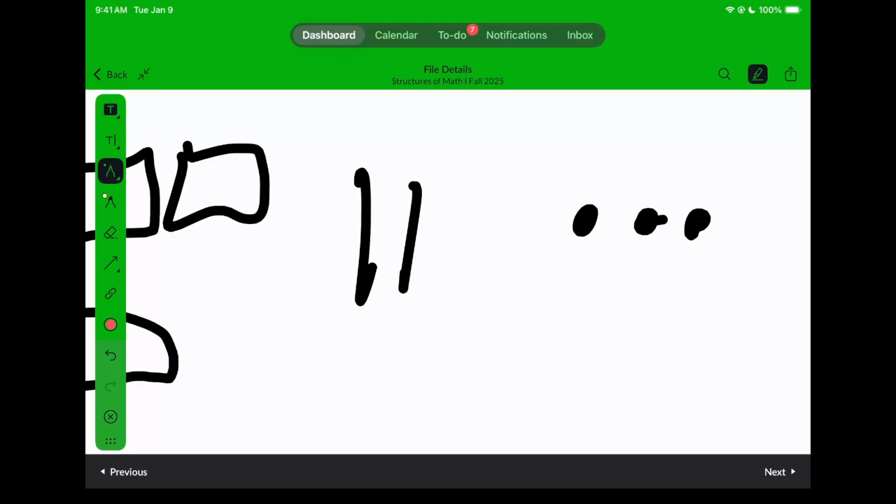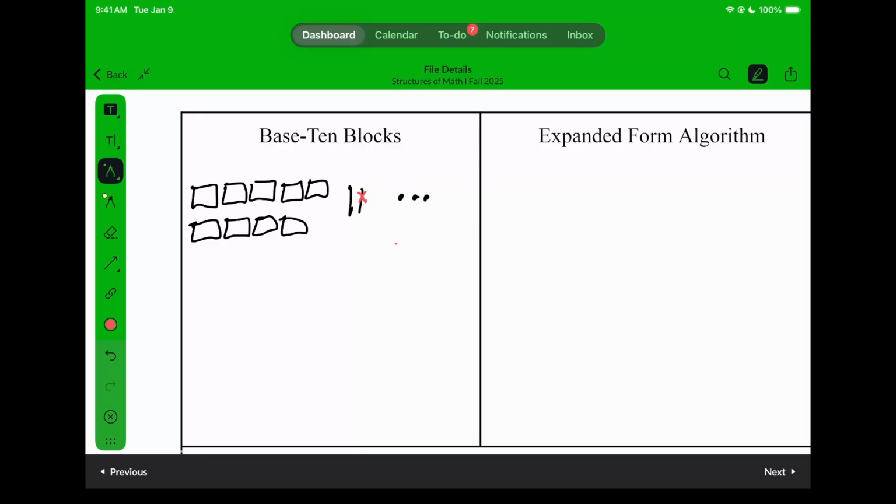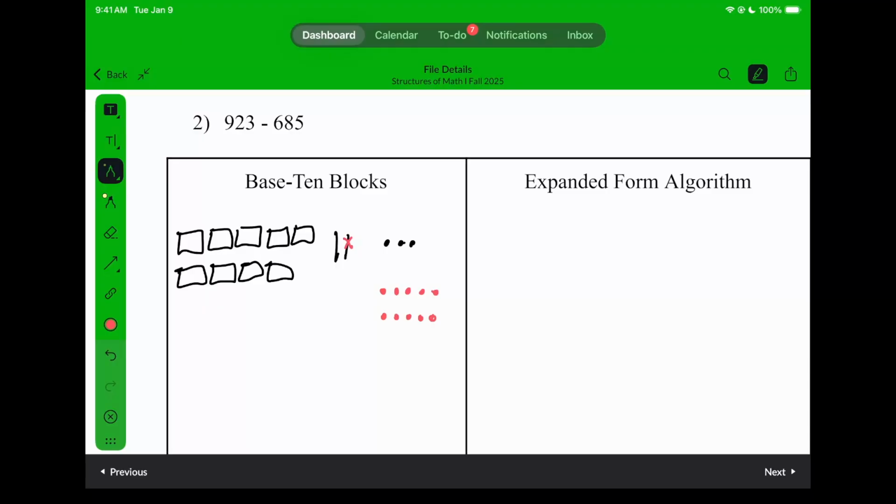This one long is holding 10 units. So we're going to steal them. 1, 2, 3, 4, 5, 6, 7, 8, 9, 10. Look at that. We stole all of his units. Now we have 13 units. We can take 5 away from 13.